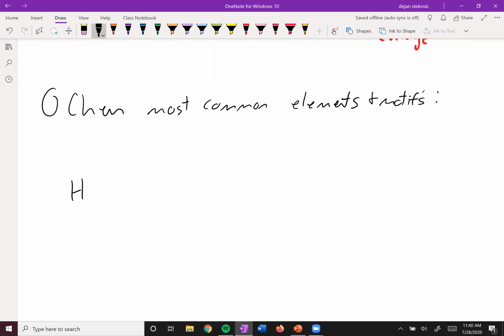Hydrogen will be very common. Carbon will, of course, be very common. Carbon is going to be the star of the show. Really, it's in everything. Other common elements include nitrogen, oxygen, and then halogens. So your halogens are fluorine, chlorine, bromine, and iodine, right?